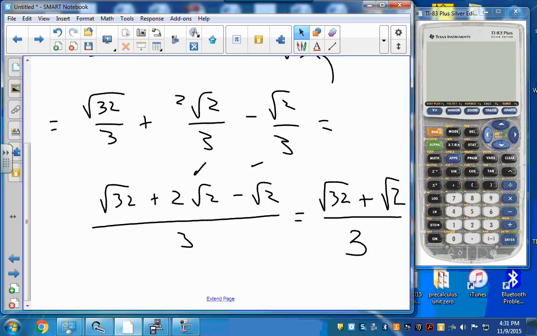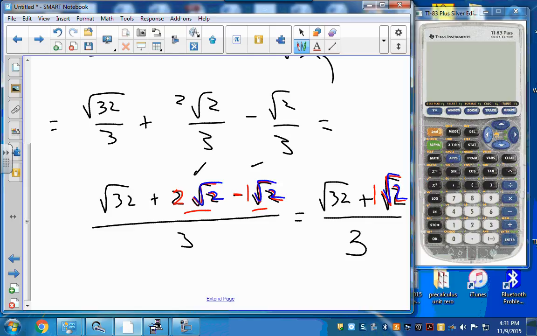Let's make sure: I had 2 square roots of 2 here, and I'm taking away 1 square root of 2. I got two things, take away one thing, that leaves me one of those things. 2 apples, take away 1 apple is 1 apple, right?